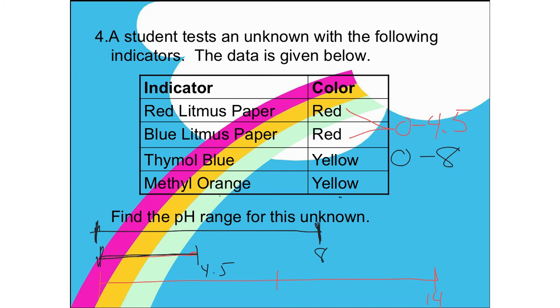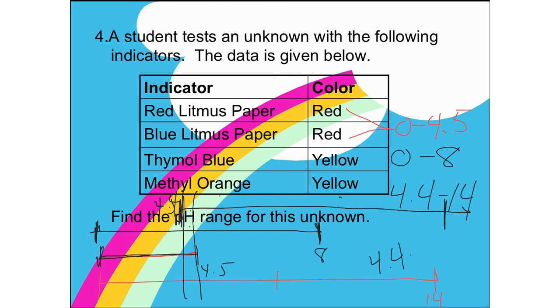So what that tells us is our pH is greater than 4.4. So my pH is 4.4 all the way up to 14. So that was super helpful because now my 3 lines show up just in this narrow range of 4.4 to 4.5. So that would be the approximate pH range for my solution.